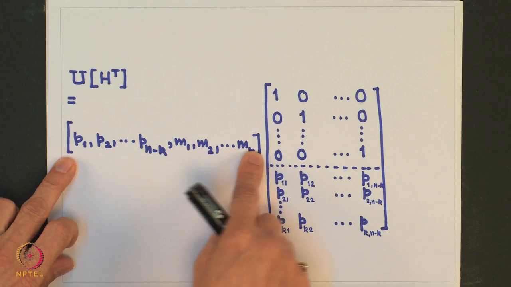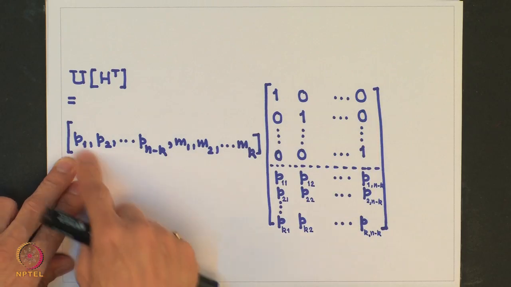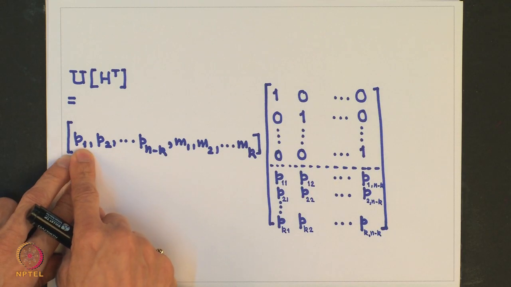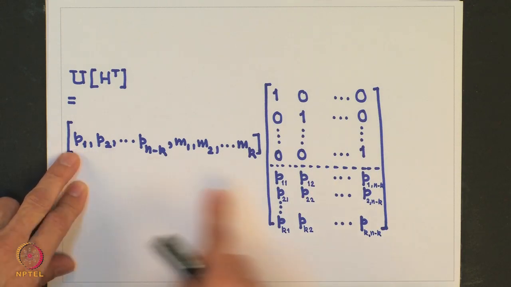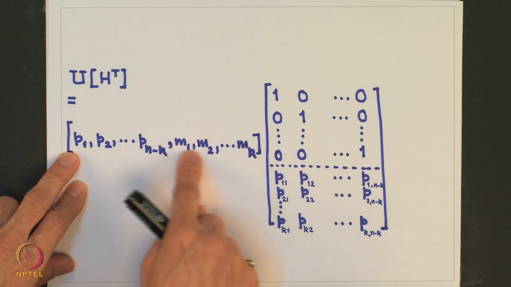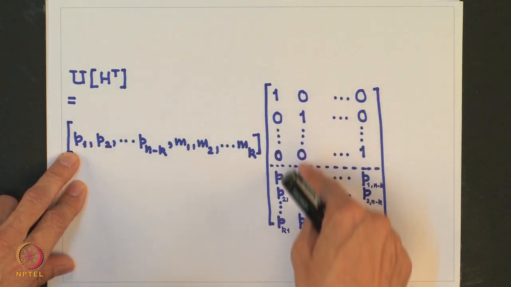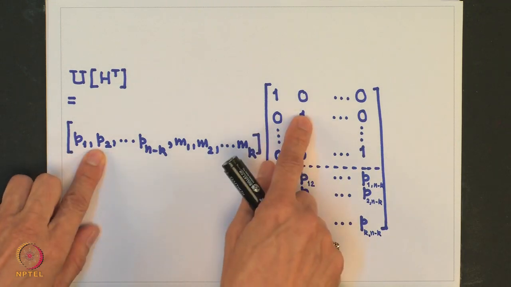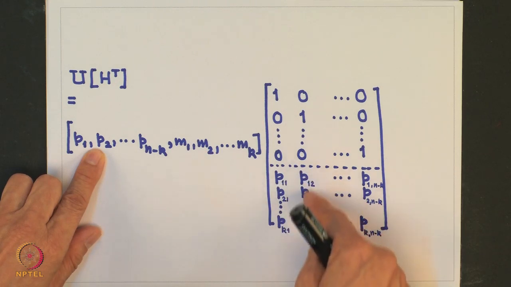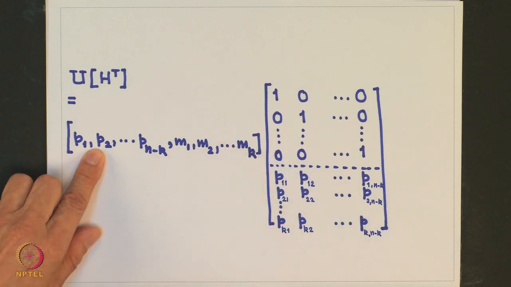So, this is my code word U and this is my H transpose. So, if we take this and multiply by the first column out here, we will get P1 plus the linear combinations of this weighted by M1 to Mk, and similarly if we take this and multiply with the second column out here, we will get P2 plus the weighted combinations of these elements by M1, M2 up to Mk.